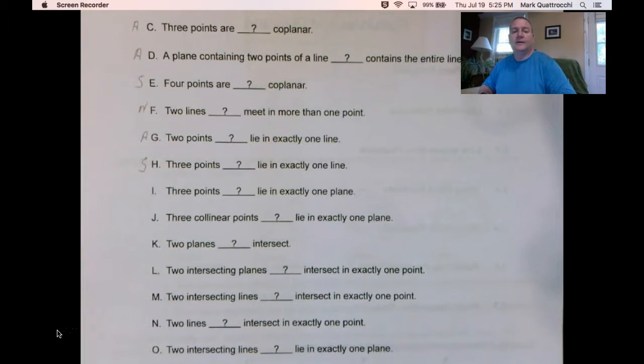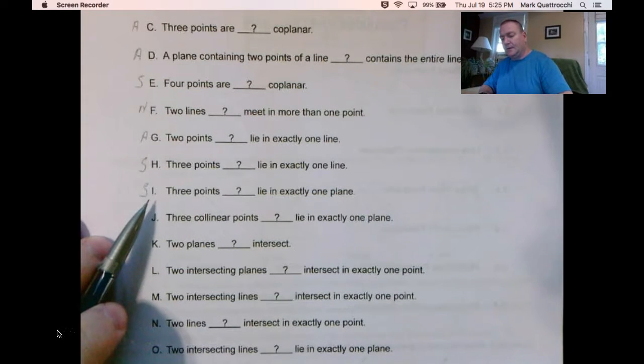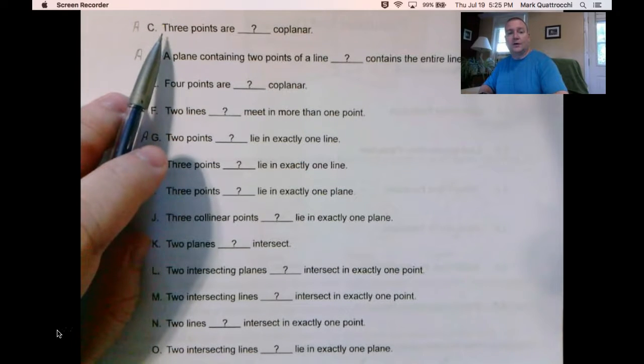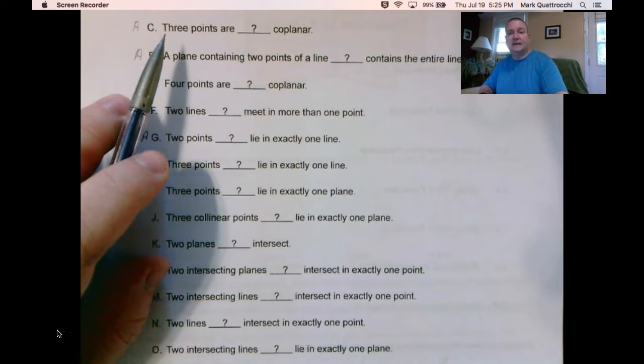3 points always, sometimes, or never lie in exactly one plane. This one is tricky because this is sometimes. This is different from 3 points are coplanar. 3 points are coplanar is true. They're always contained in the same plane.